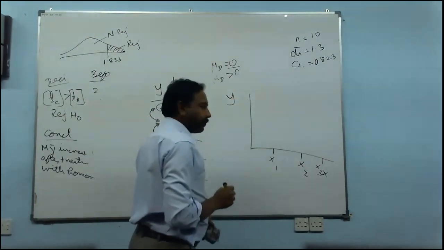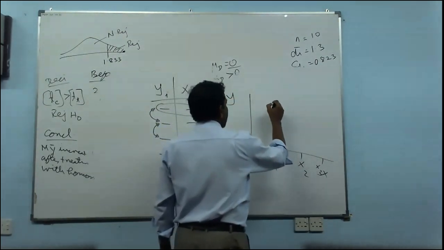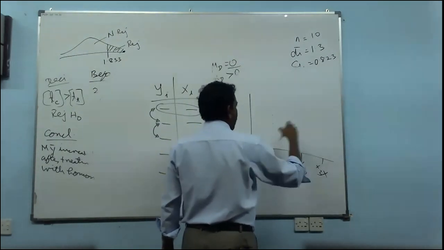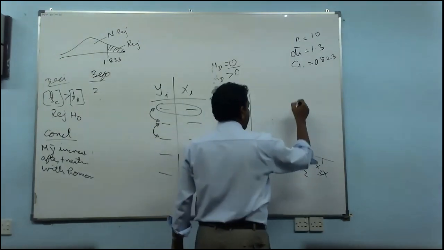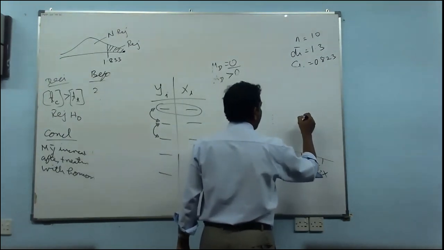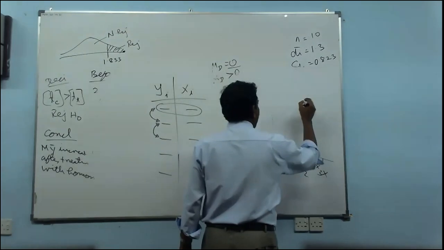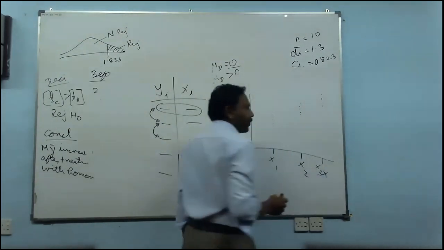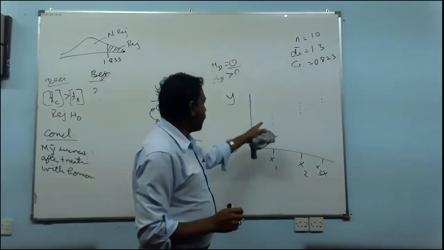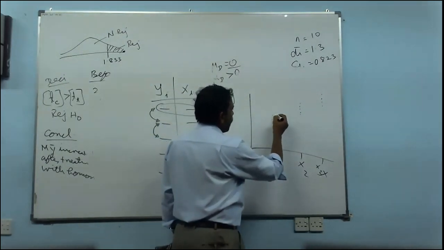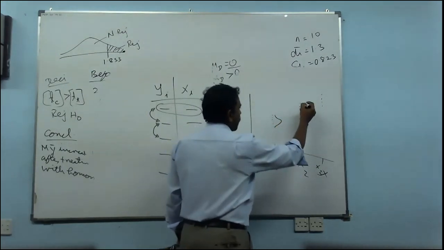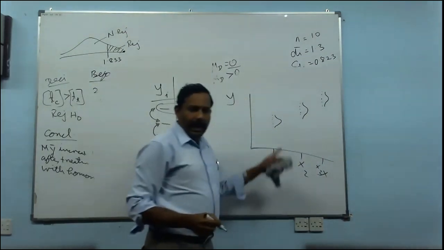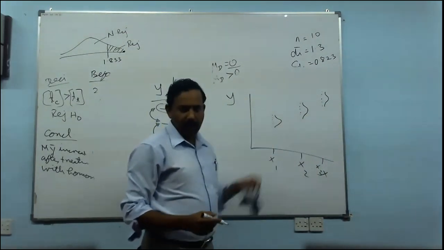I have some observations of y at x1, at x2, and at x3. If you look at the variance distribution, it looks like this, again showing a normal distribution.